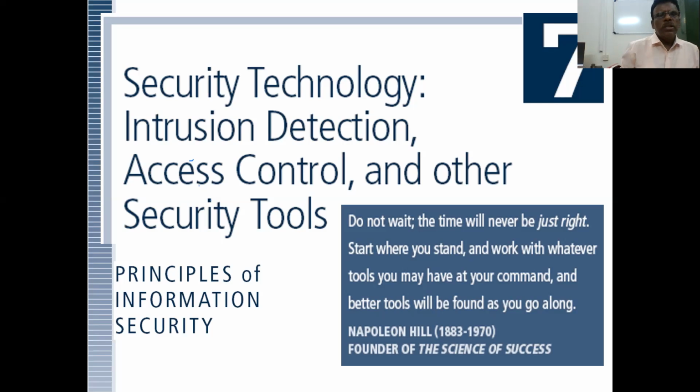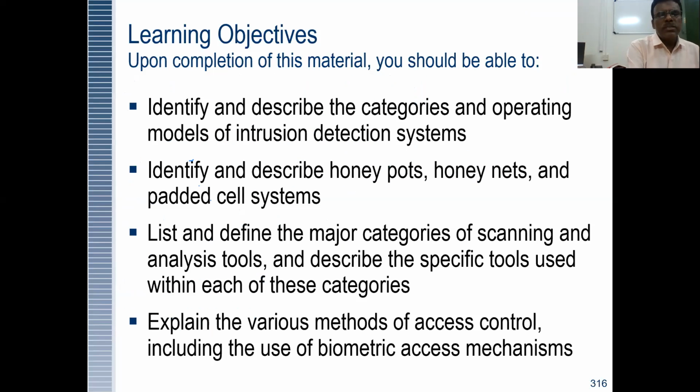We'll follow what are all the things we can understand after studying. We can easily identify and describe the categories and the operating models of IDS, intrusion detection system. So this is one of the important technologies in order to manage full-fledged security in any organization, any entrepreneurship, any educational institution, as well as university premises.